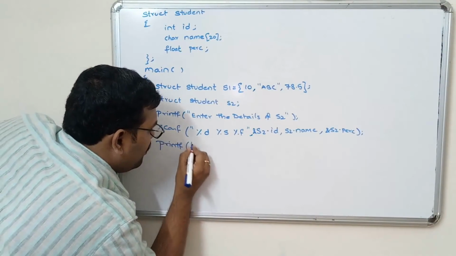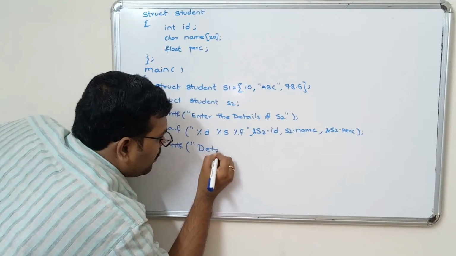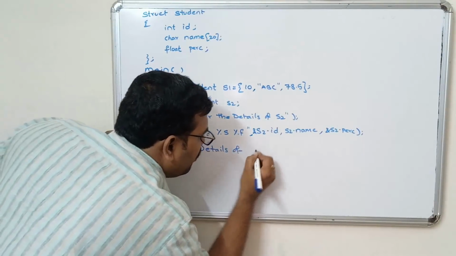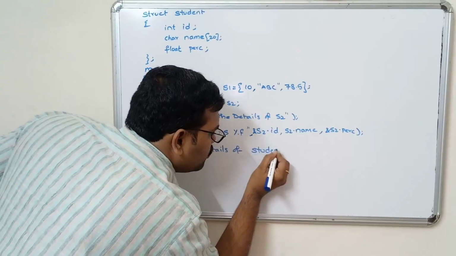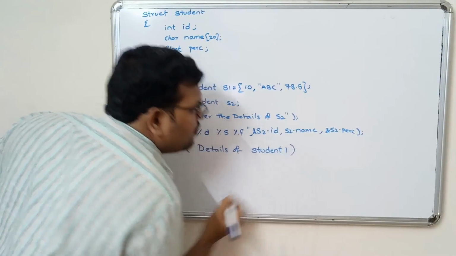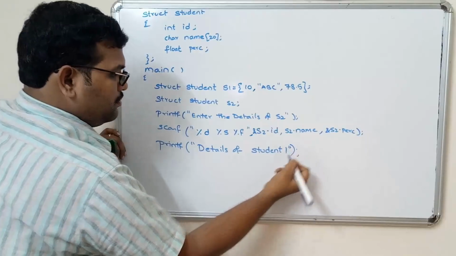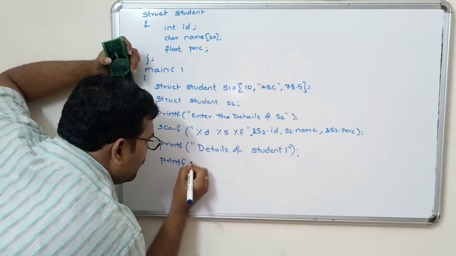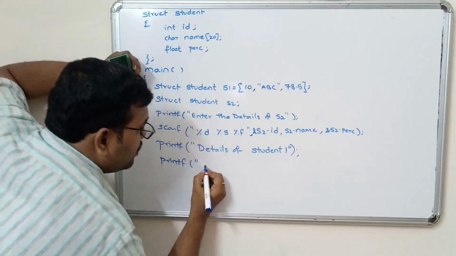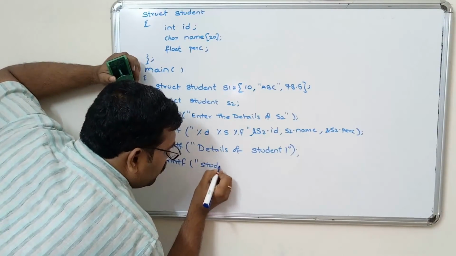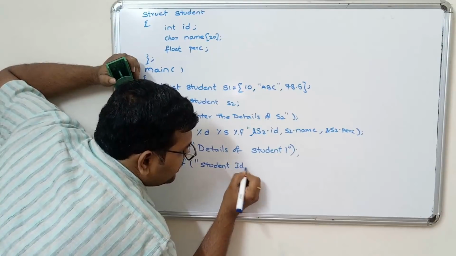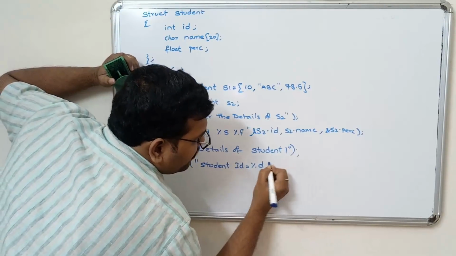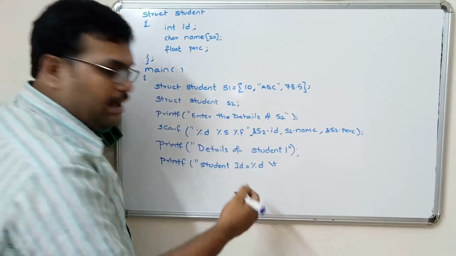And if you want to print the same, write down printf details of student 1. Then printf student ID is equal to %d backslash t, I am using the tab.